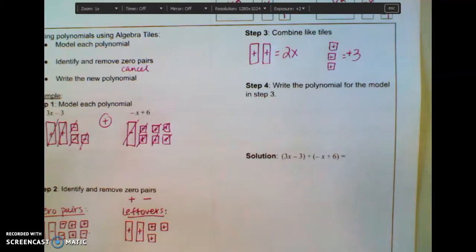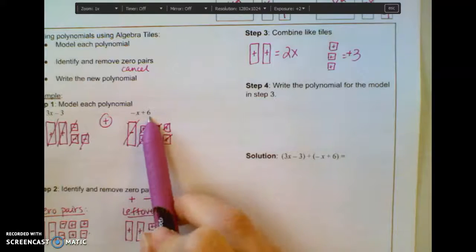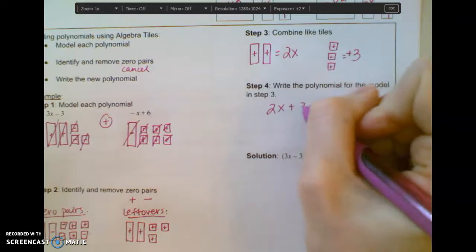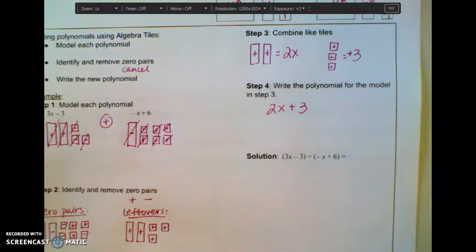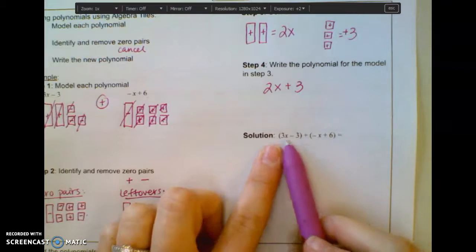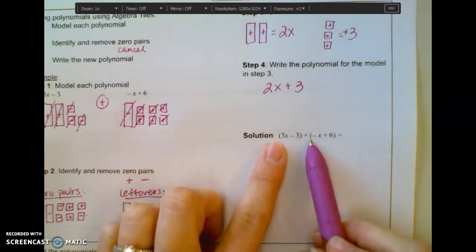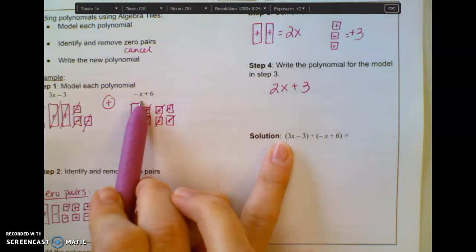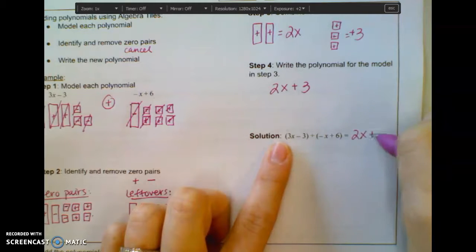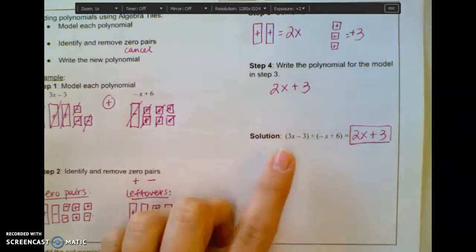So when we add these polynomials, what we're left with is the polynomial 2x plus 3. So our solution to the addition of these polynomials, ultimately this is what we did. We added 3x minus 3 to negative x plus 6. If we add those together, we get 2x plus 3.